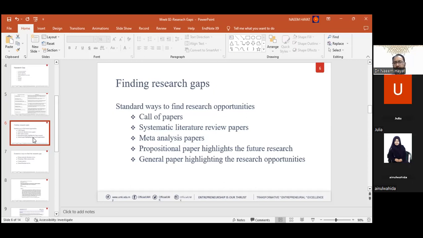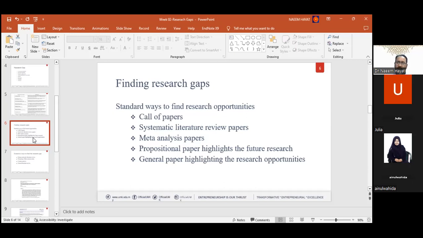Another opening is the propositional paper that highlights future research. If you go into any topic or research area, you find top people writing these kinds of propositional papers on how to enhance the boundaries of knowledge in a certain topic. So they also suggest future research.